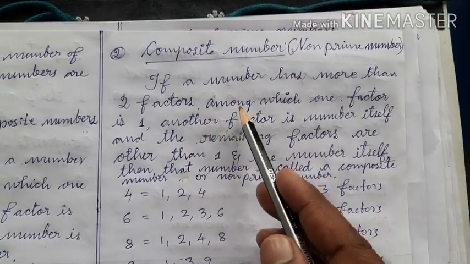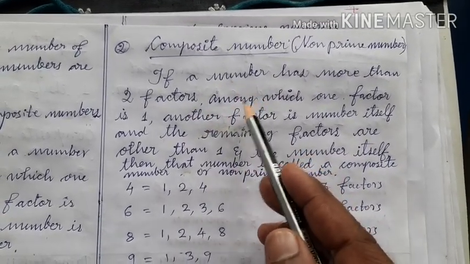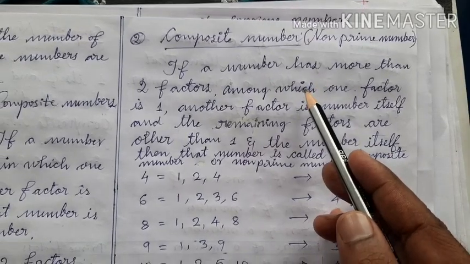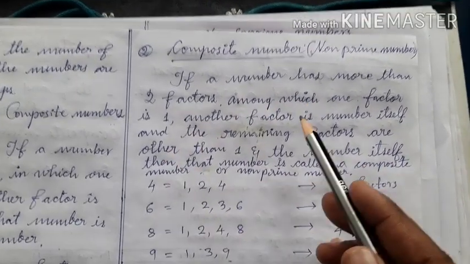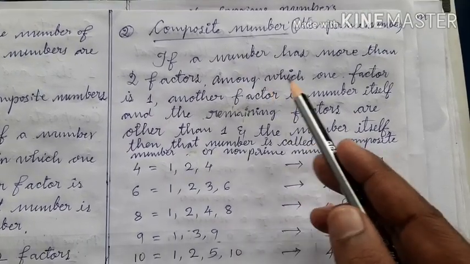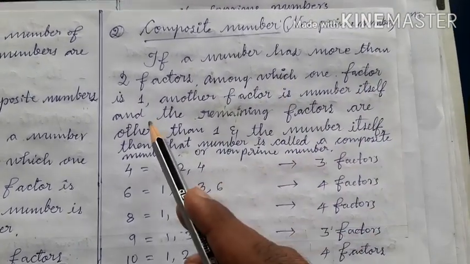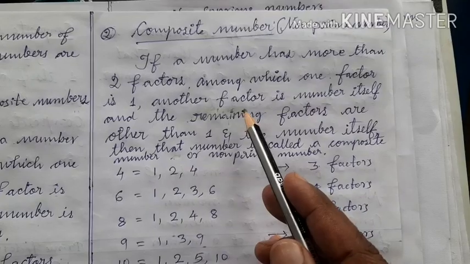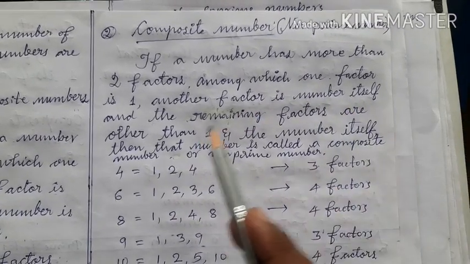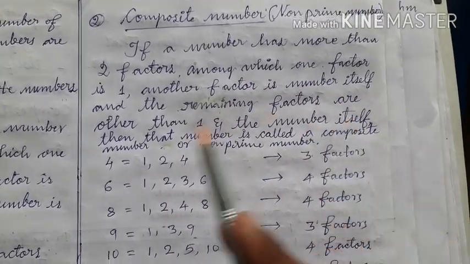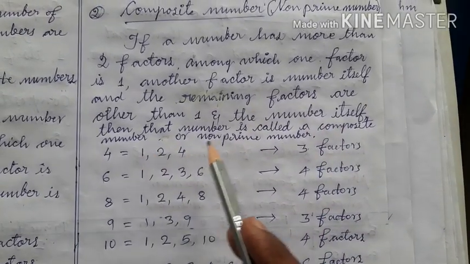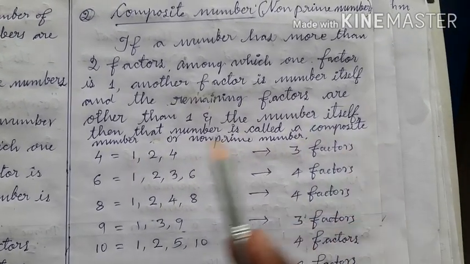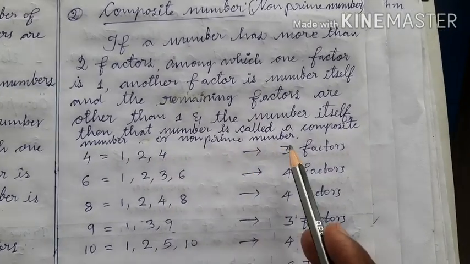The number may have 3 factors, 4 factors, 5 factors, 6 factors, 7 factors, etc., but not less than 2. More than 2 factors it should have, among which one factor is 1 and another factor is the number itself, and the remaining factors are other than 1 and the number itself. Then that number is called a composite number or non-prime number.